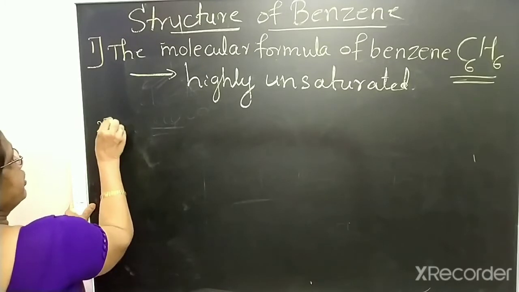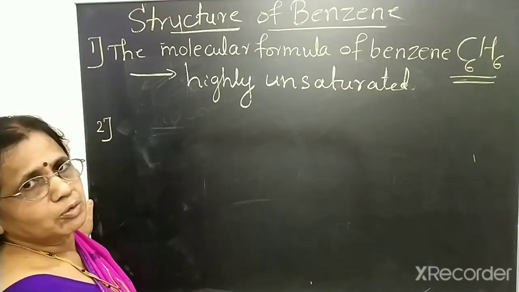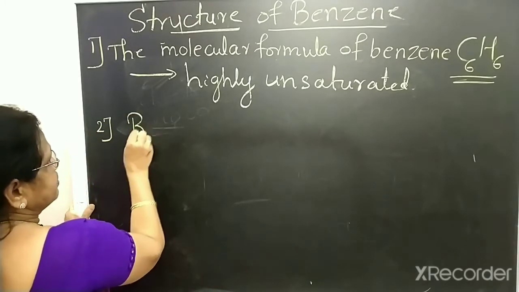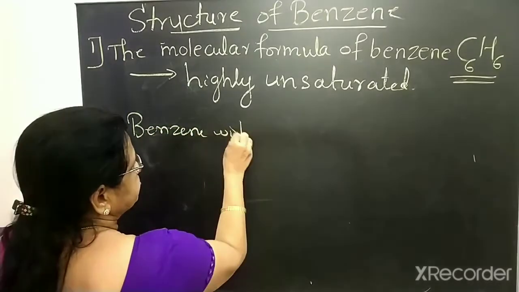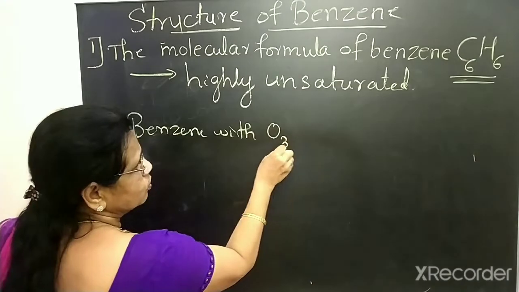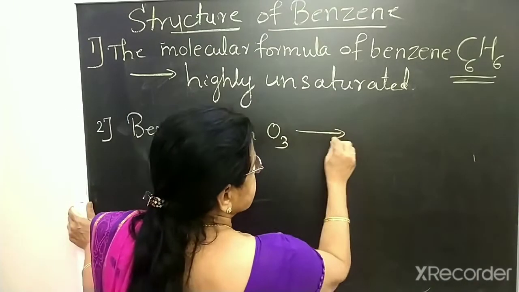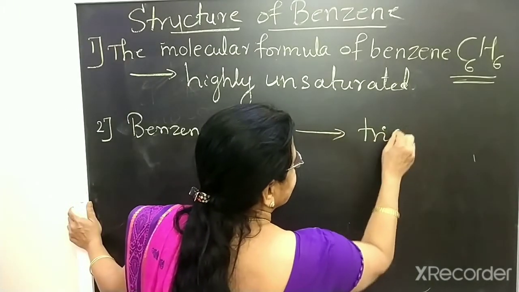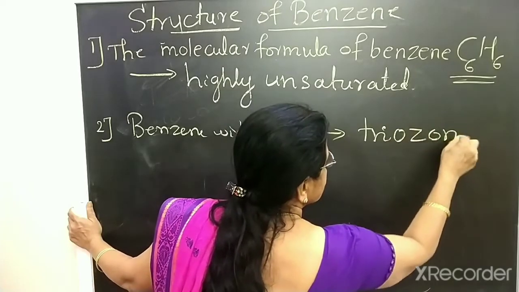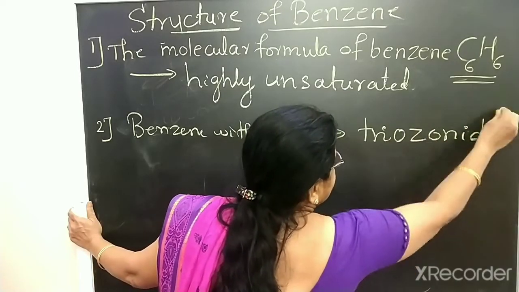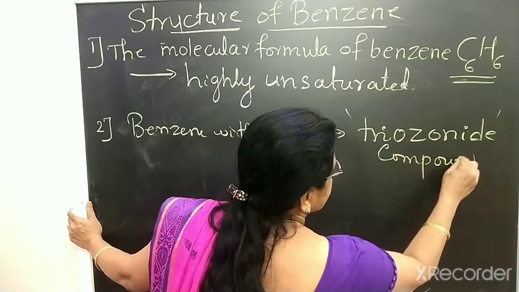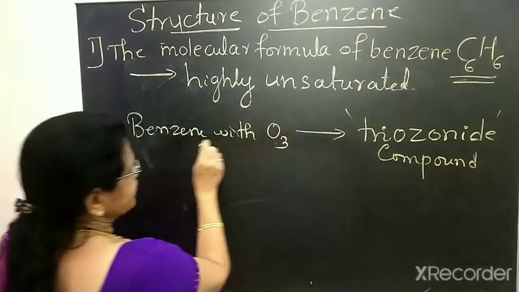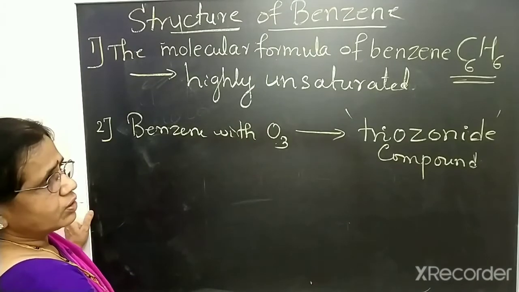Then the second point Kekulé studied: benzene on reacting with ozone, formula O3, forms a triozonide compound. Triozonide means 3 ozone molecules react with benzene.